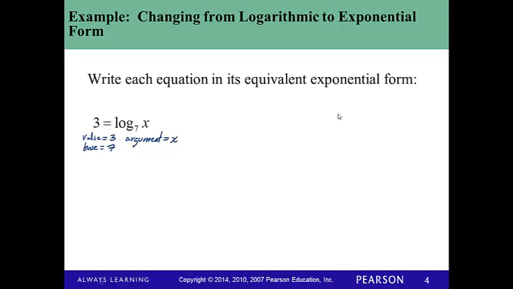So then remember, the equivalent exponential form is base raised to the value equals the argument, which means you'll end up with 7 raised to the third power equals x.